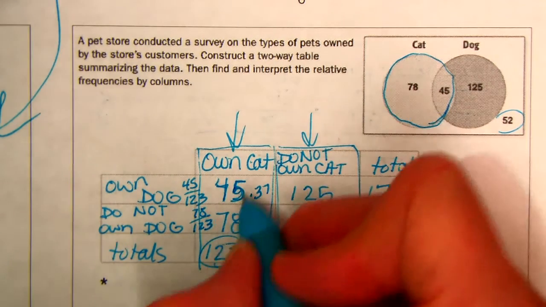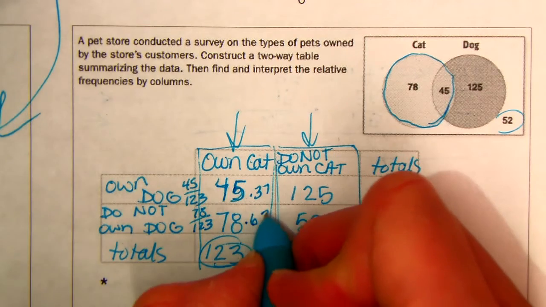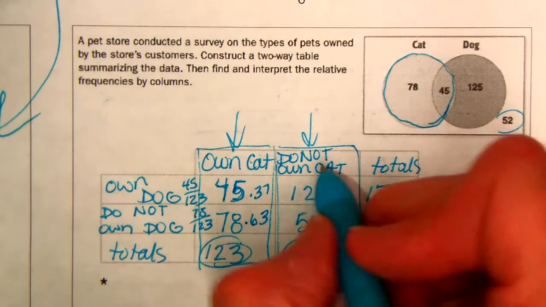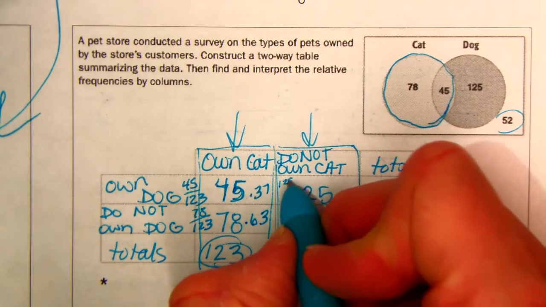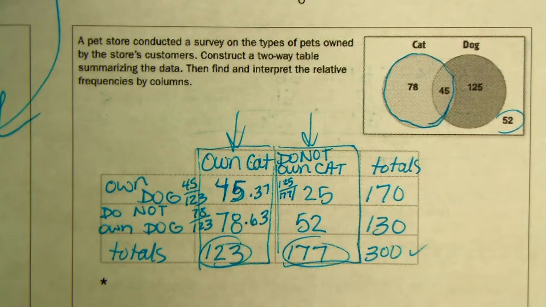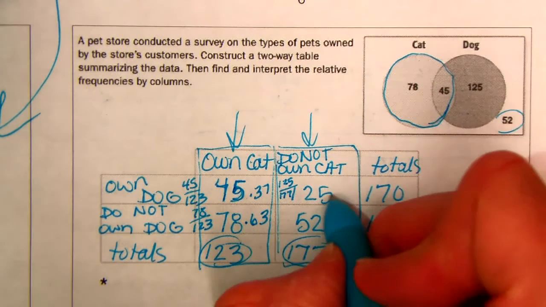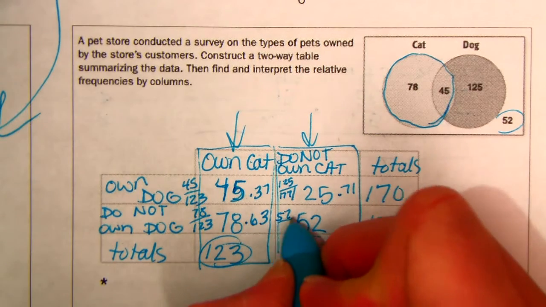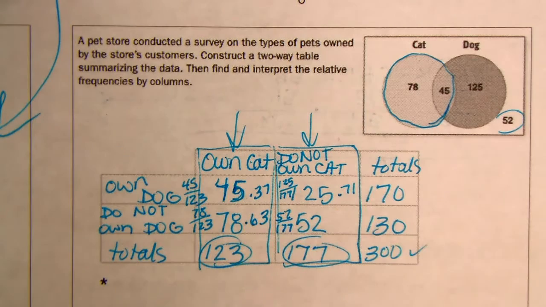Well, that's 125 over 177, which is 0.71. And then 52 over 177, which is hopefully 0.29, and it is. So we definitely have majorities here.